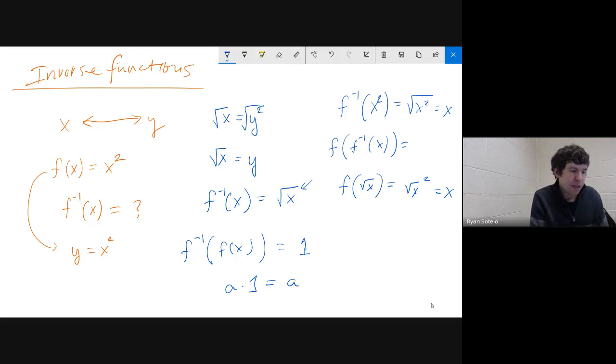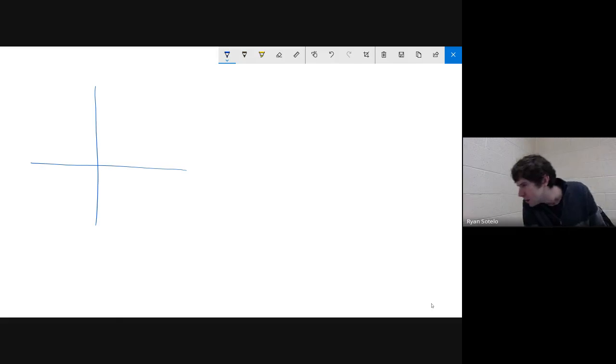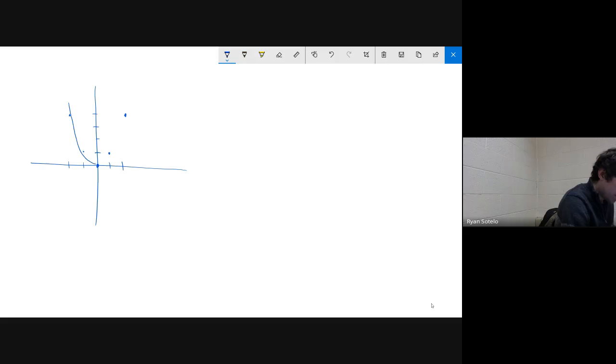A little bit more information on inverse functions. So let's say I've got x squared. So 0, 0, 1, 1, 2, 4, and then 3, 9. X squared is symmetrical. So this is my x squared.